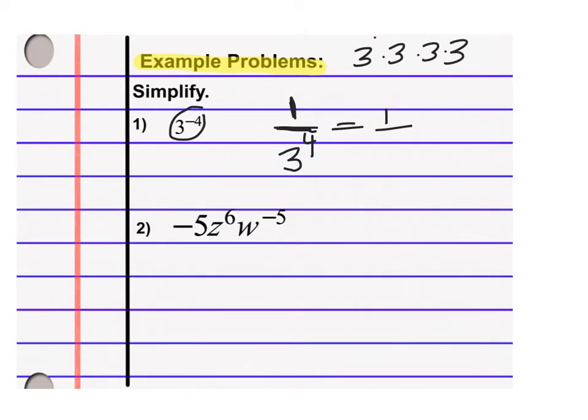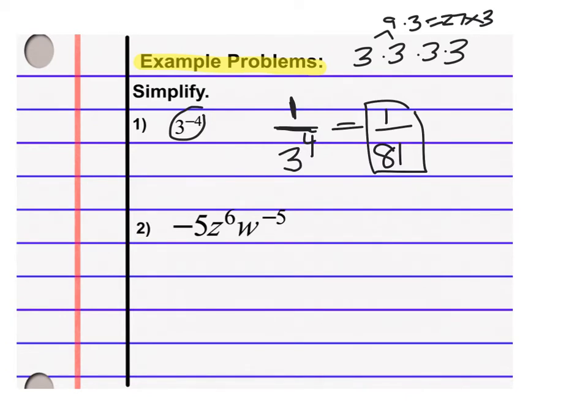So 3 times 3 is 9. Times 3 is 27. Okay, times 1 more 3. I'm going to see 3 times 3 times 3 times 3 is 81. So 1/81 is my final answer.